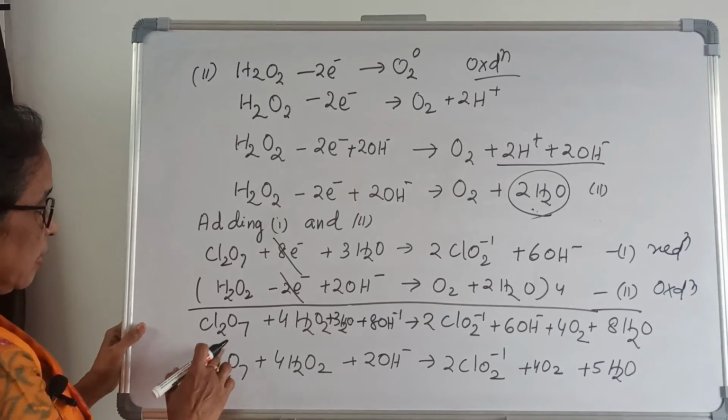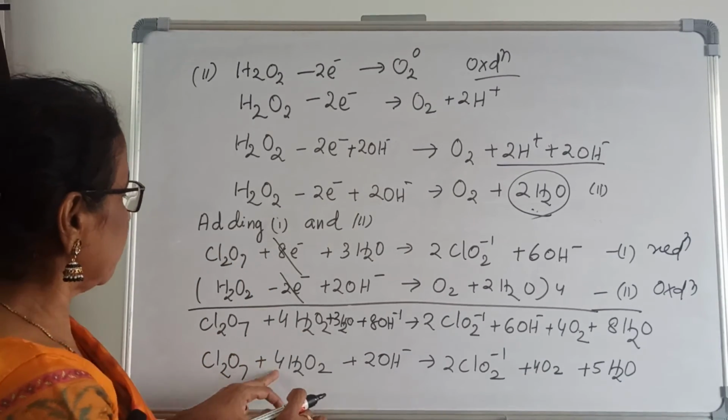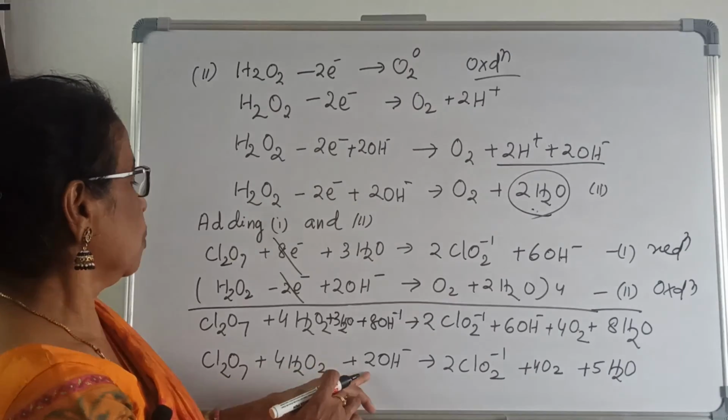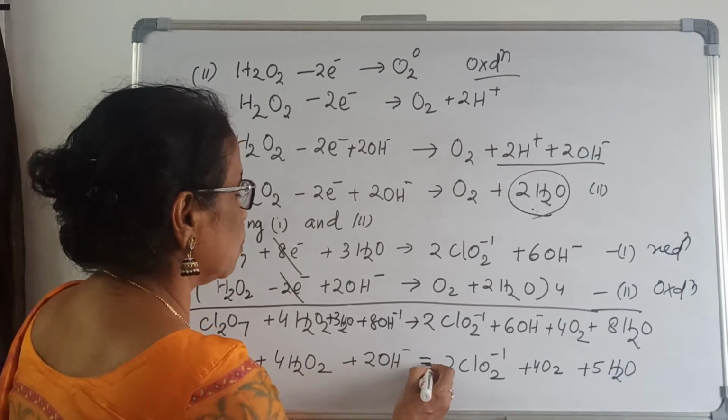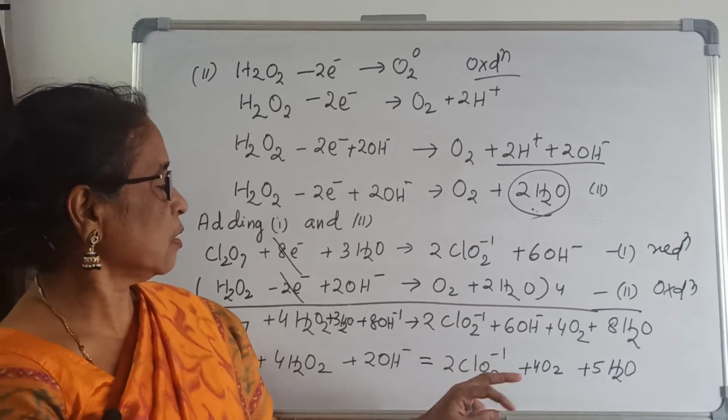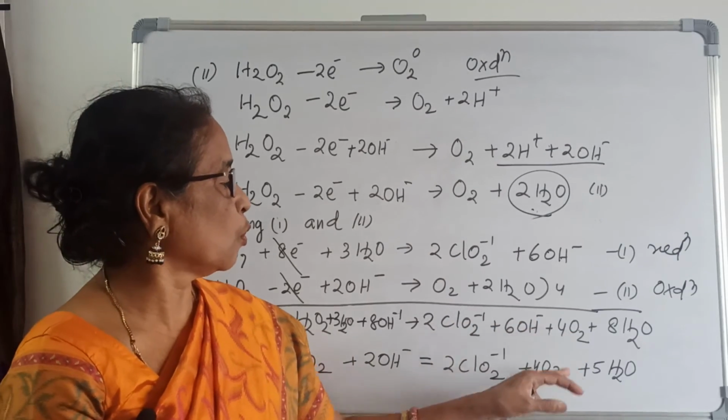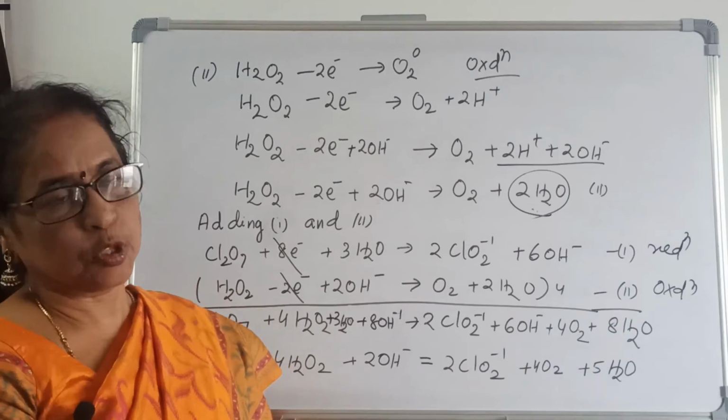So the last final result: Cl2O7 plus 4H2O2 plus 2OH minus, you can put an equal mark also, 2ClO2 minus, and it is already cancelled, 4O2, and here 5 water molecules.